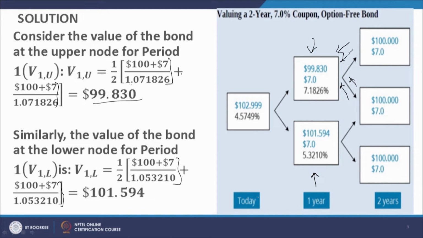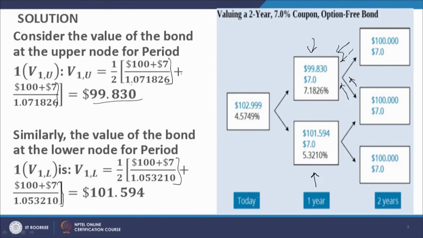The relevant rate is 4.5749%. So, discounting will be done at 4.5749%, and now please note the two quantities that need to be discounted are different, in contrast to what we had when we moved from t equal to 2 to t equal to 1. In the case of t equal to 2 to t equal to 1, you find that all the three values that are there are 107.